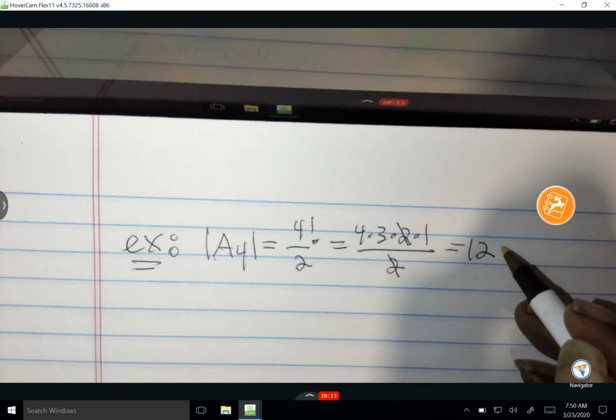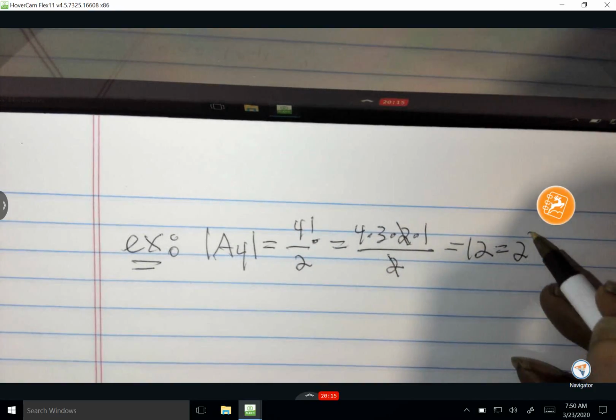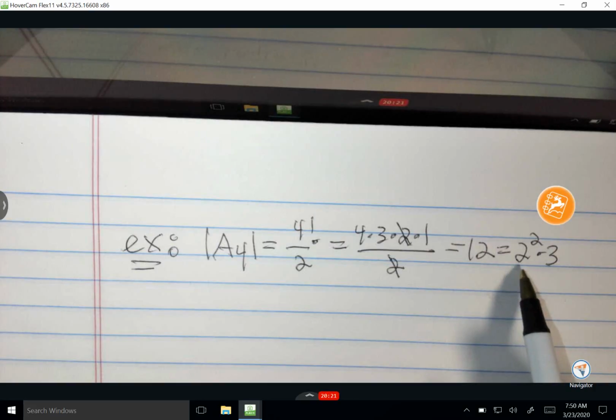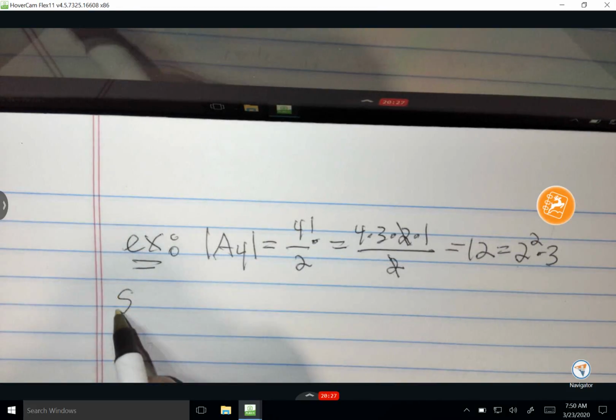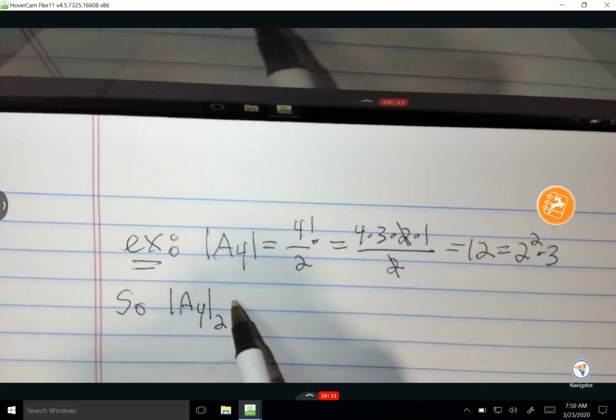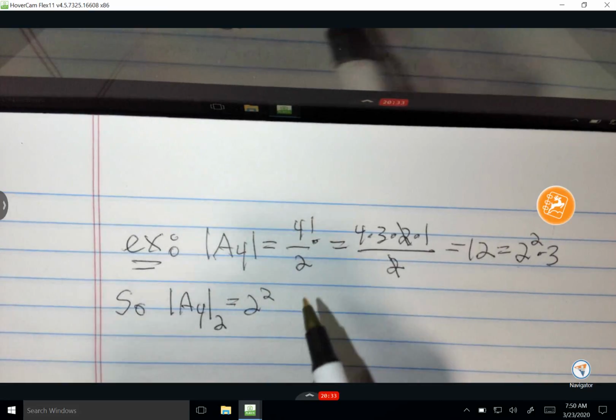And now I'm going to prime factor that number. It's 2 squared times 3. So you could see, follow the pen, the highest power of 2 dividing the order of A4 is 2 squared. So the 2nd part of A4 is 2 squared, or 4.